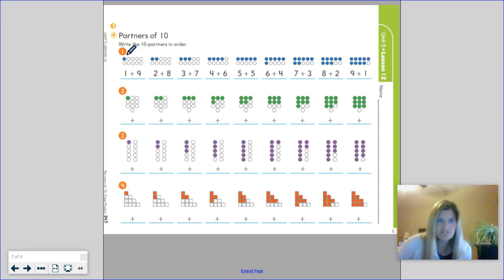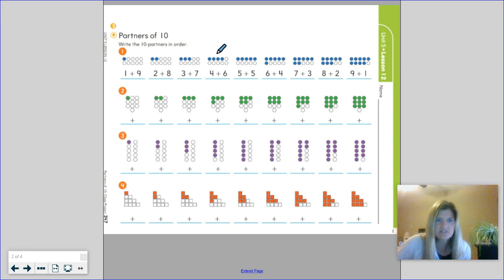And then I'm seeing there's 1 circle colored in blue, 2 circles colored in blue, 3 circles colored in blue. It's like we talked about on the other page. 1 more circle is being colored in. So they keep adding 1 more. 1, 2, 3, 4. When we add 1 more circle colored blue, what happens to the white circles?